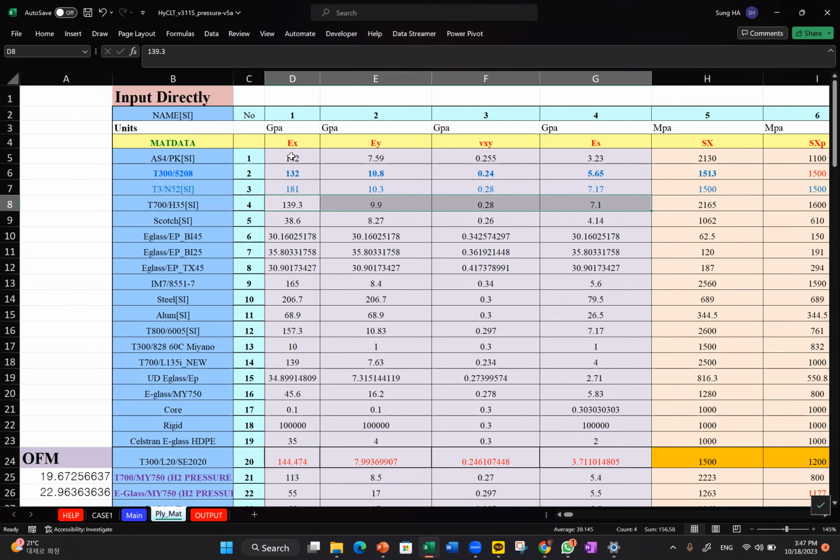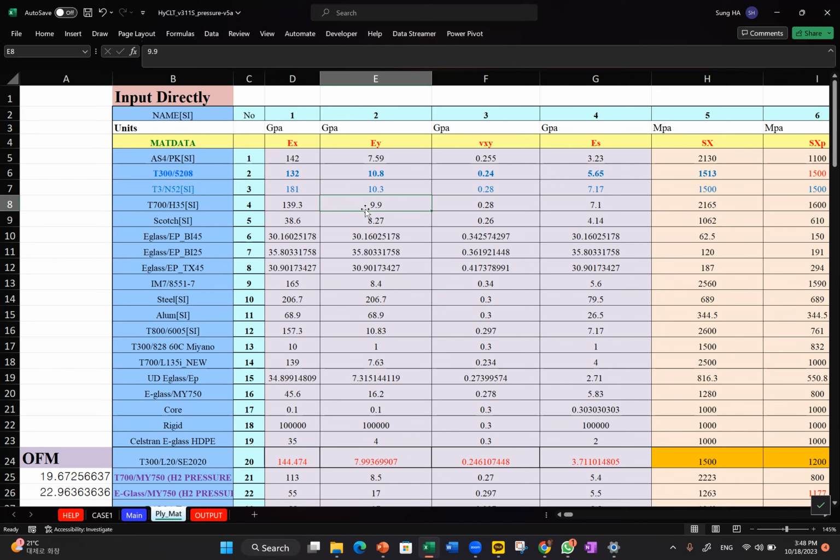stiffness. A very important point is that the X directional stiffness, Y directional stiffness, Poisson's ratio and also shear stiffness are all different, as you can see. X means the fiber direction, whose stiffness is much higher than the matrix or transverse direction, more than 10 times.